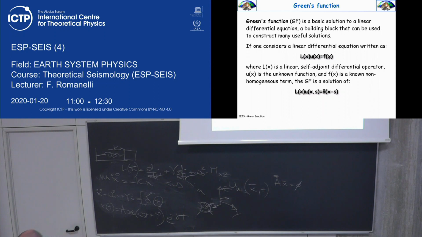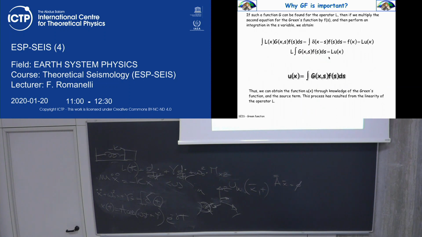So, Green's function is the solution of a problem when the forcing, the inhomogeneous term, is a delta, a delta at some time or in some place. Okay? The solution to this specific problem, battery is gone? No. When we have a solution in x, the receiver, and when the source is in s, it's called Green's function.